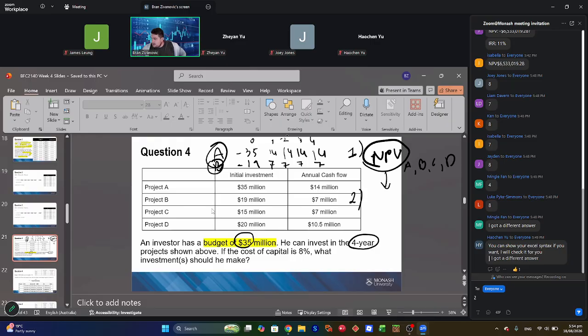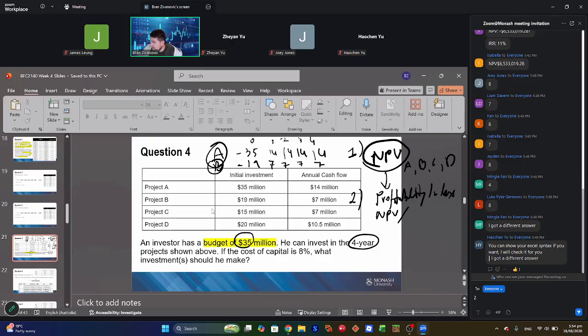Step 2, the profitability index. Now, profitability index takes whatever present value you've got, and it divides by the initial investment.